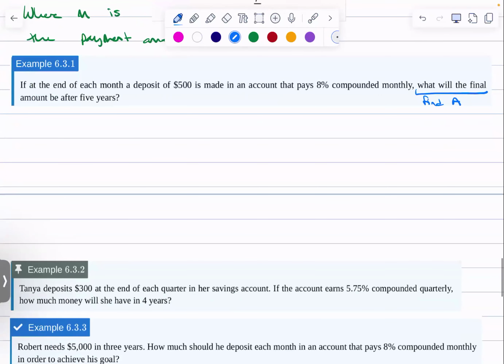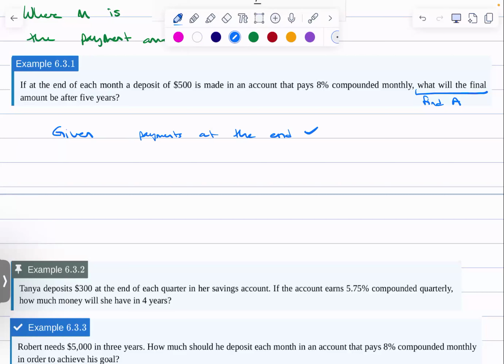And what are we given? We're given that it's at the end of each month. And for us in this class, like I said, I'll introduce how you solve problems where it's at the beginning. But for us, we want to make sure that payments are at the end. If it doesn't say, then you can assume it's at the end. It's only at the beginning if they say so.